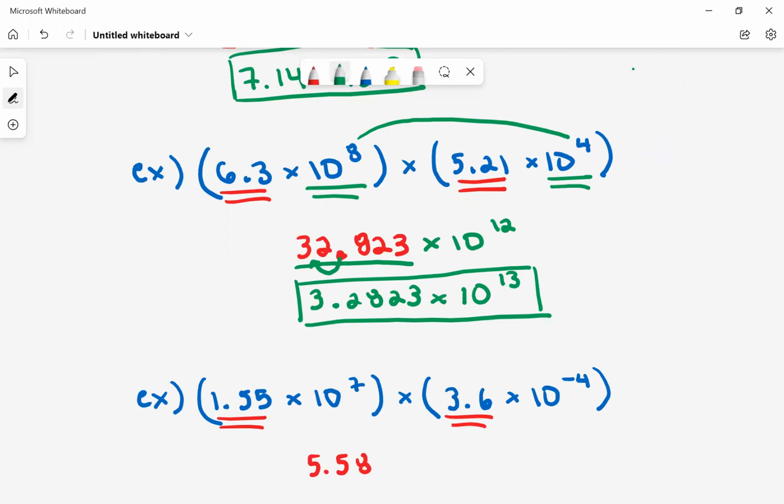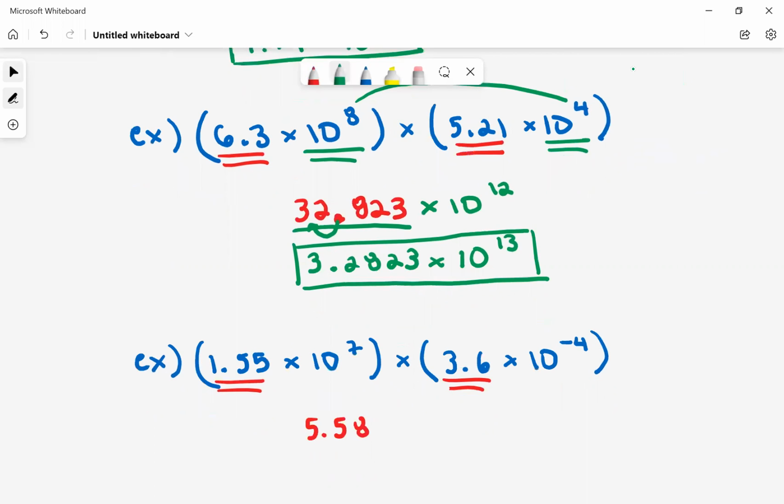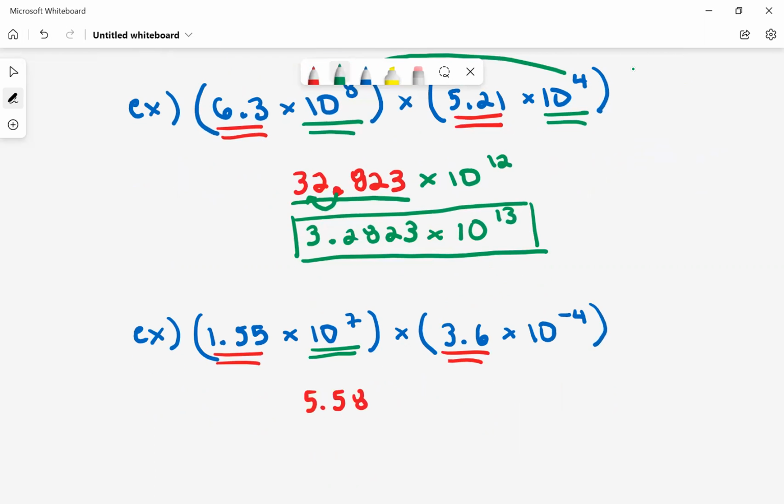Nice. Okay, but when I multiply the exponents, I have 7 tens, but here I have 10 to the -4, which means I'm dividing by 10 4 times. So I just said earlier, you add the exponents.